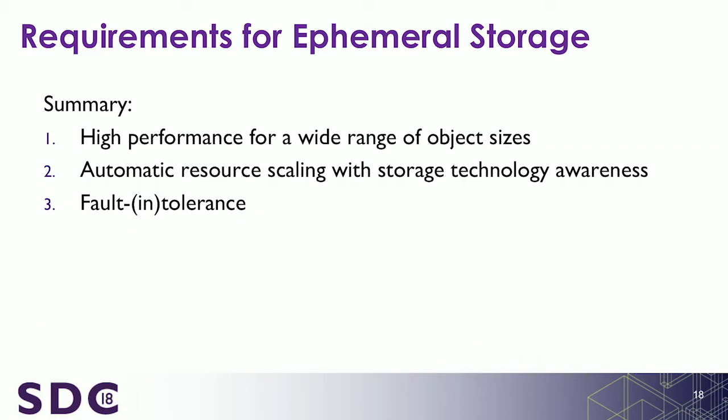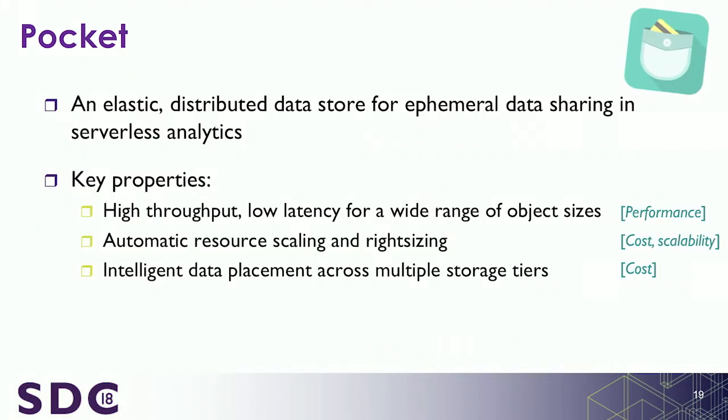Now, because existing storage systems are not meant to address these particular resource requirements, we decided to implement our own system, which we call Pocket, because it's designed for storage on the go, intermediate data sharing. Pocket is an elastic and distributed storage system that targets ephemeral data sharing in serverless analytics.